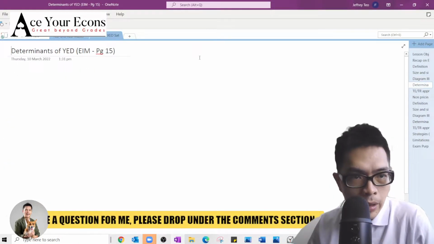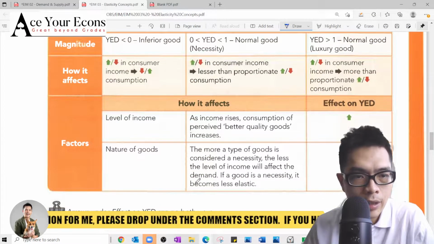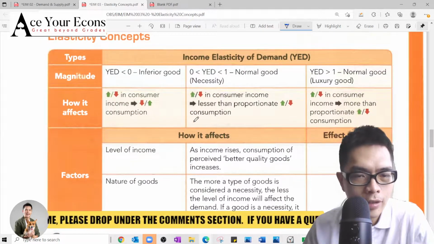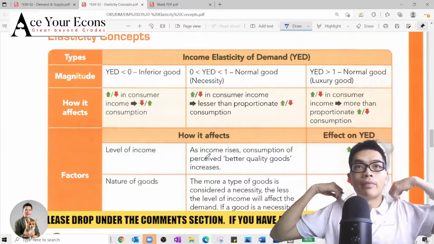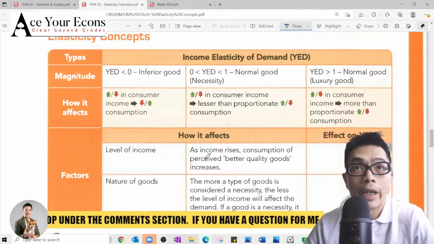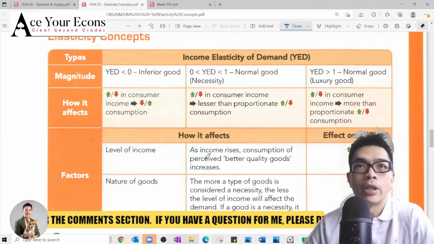Now, determinants of YED, I'll quickly run through. They are briefly stated on page 15. So level of income is one of the determinants of your YED. What do I mean by that? I'm sure you guys have very rich friends, right?